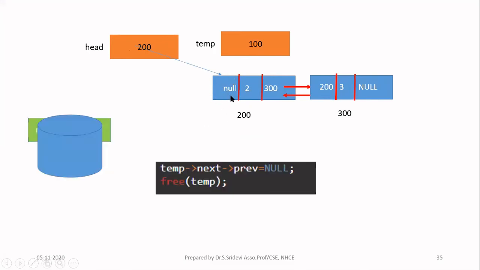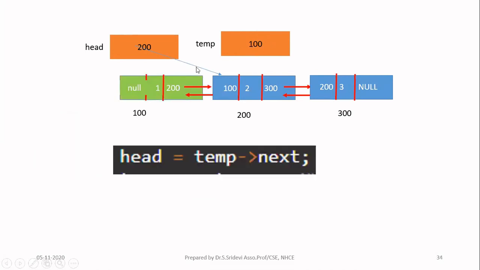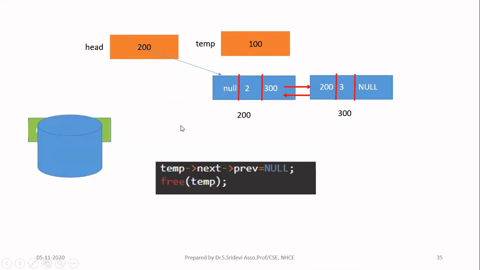Here we want to store null. In this slide, temp is 100. Temp arrow next is nothing but 200. In the 200, in the previous link, you have to store null. So I am writing temp arrow next arrow previous.